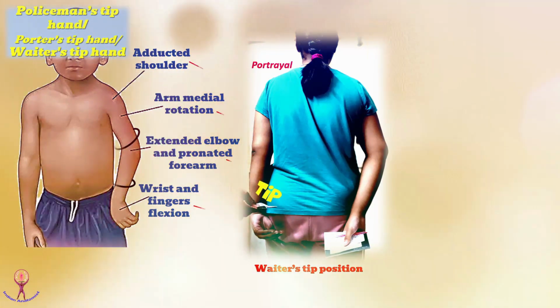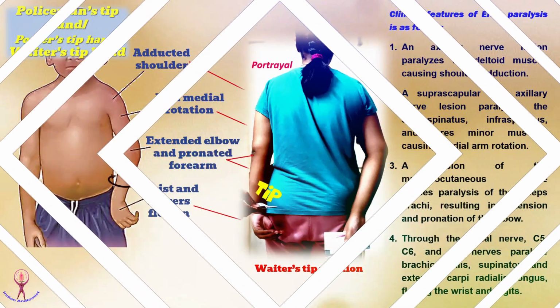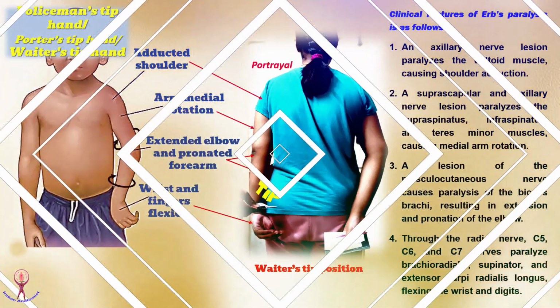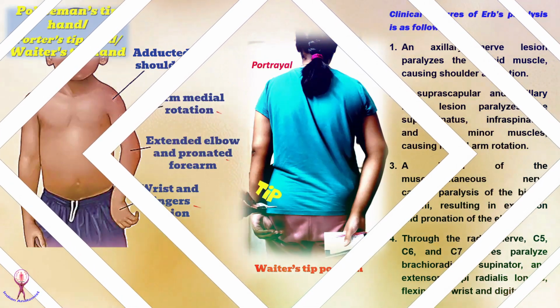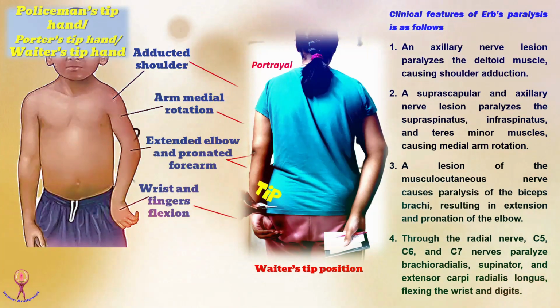Clinical features of policeman's or porter's or waiter's tip hand are as follows. 1. An axillary nerve lesion paralyzes the deltoid muscle, causing shoulder adduction. 2. A suprascapular and axillary nerve lesion paralyzes the supraspinatus, infraspinatus, and teres minor muscles, causing medial arm rotation. 3.